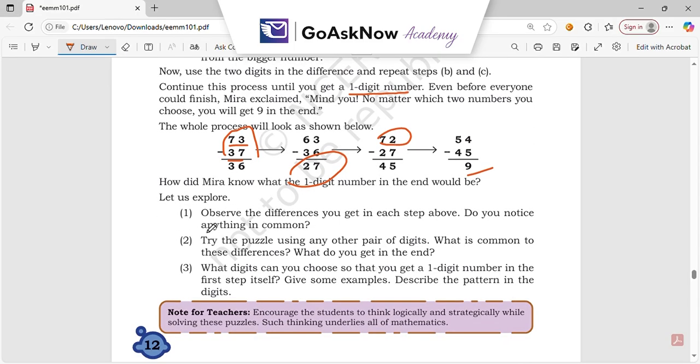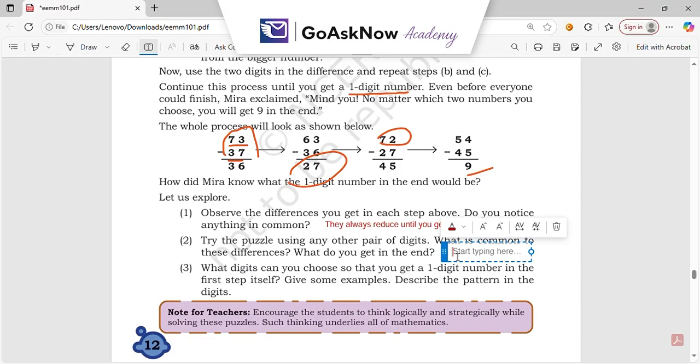Let us explore. Observe the difference you get in each step above. Do you notice anything in common? Yes, what we notice is they always reduce until you get 9, as the final result will be 9.